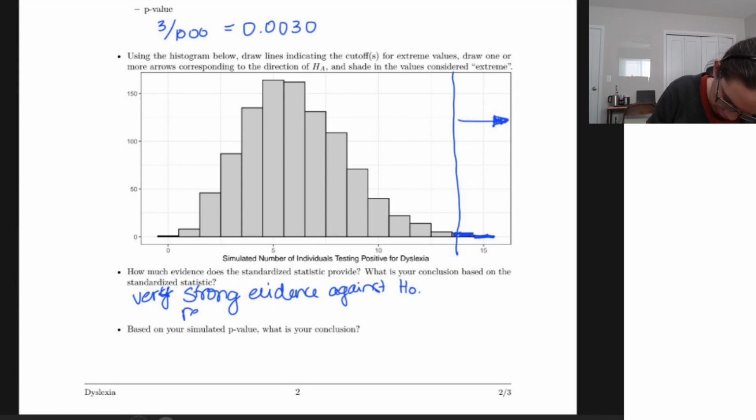So we reject H0 and conclude pi is greater than 0.05. Okay, and technically that's the answer to the next question. All right.